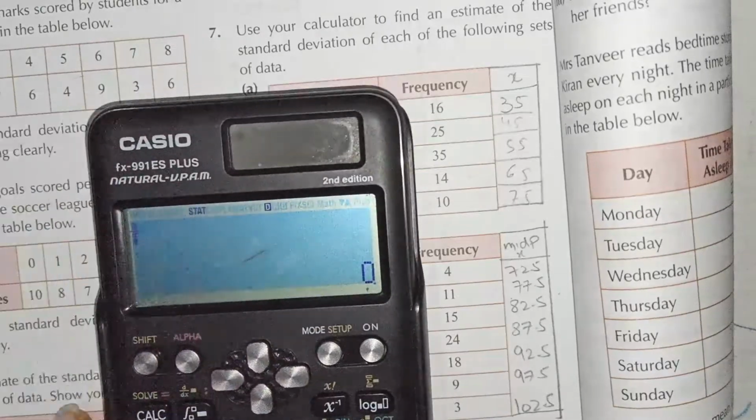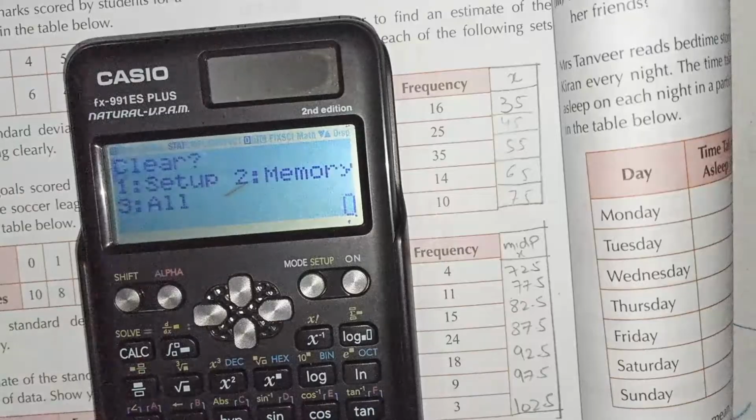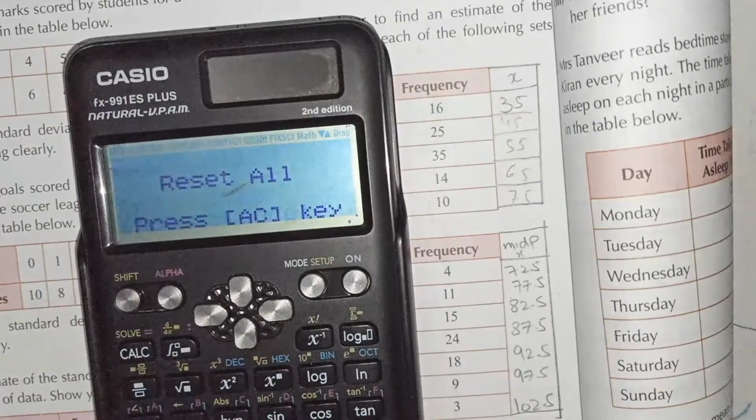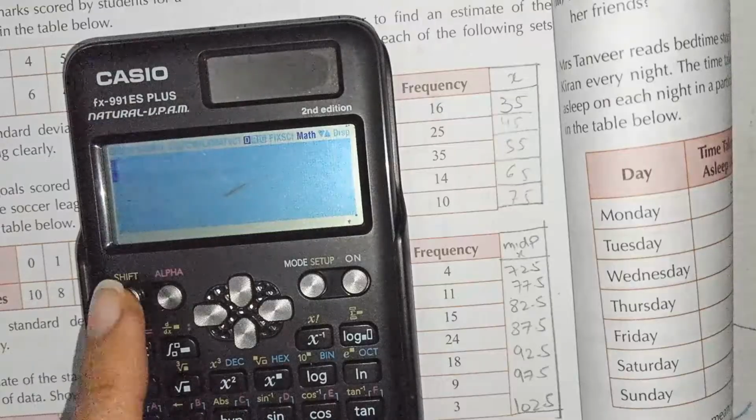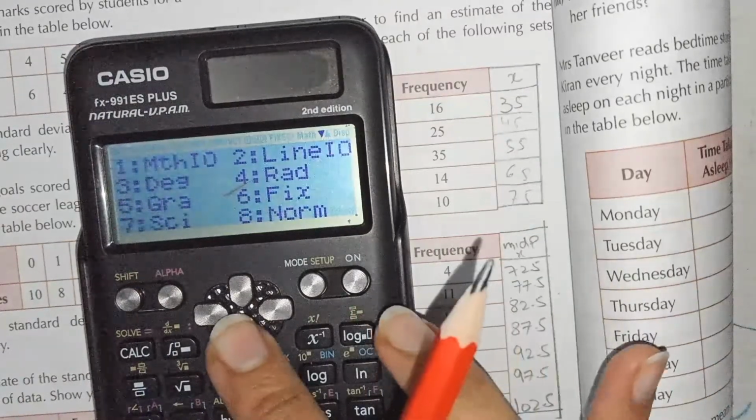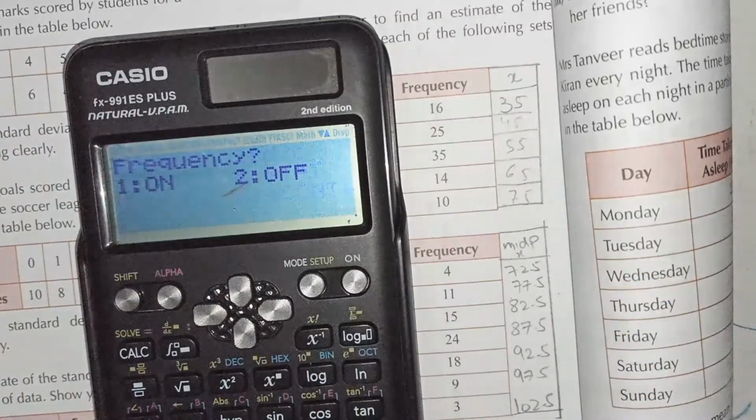You know that first we have to clear the memory, by pressing AC. Now we follow the same steps, set up and go to the statistics mode.